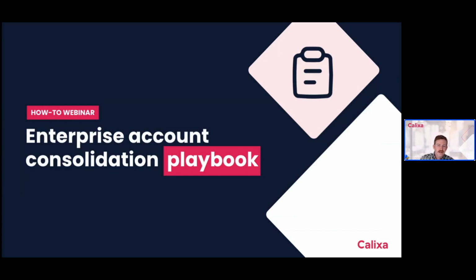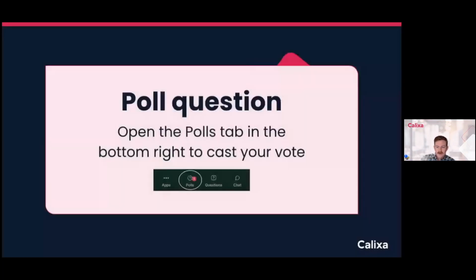Before we dig into the content, we're going to kick things off with a poll. The first question is, we're going to start super simple here. Does your team currently run plays using product data? And then while we are at it, do you have an enterprise account consolidation playbook in your sales motion?